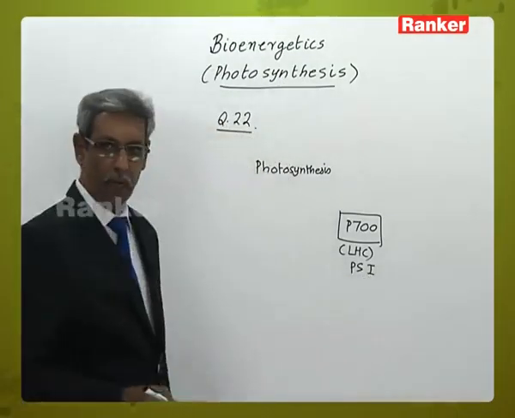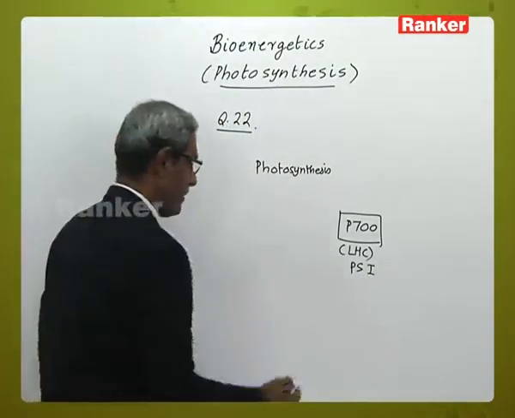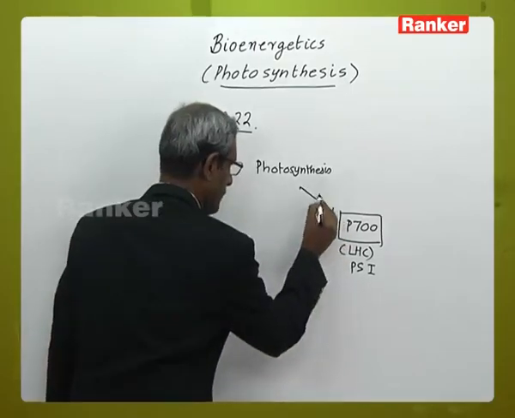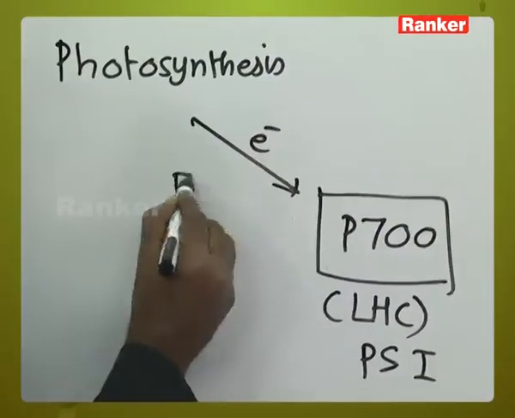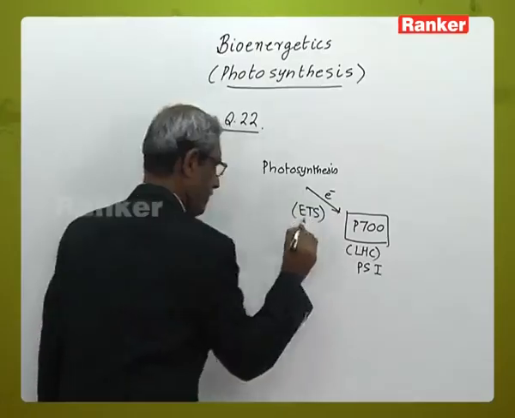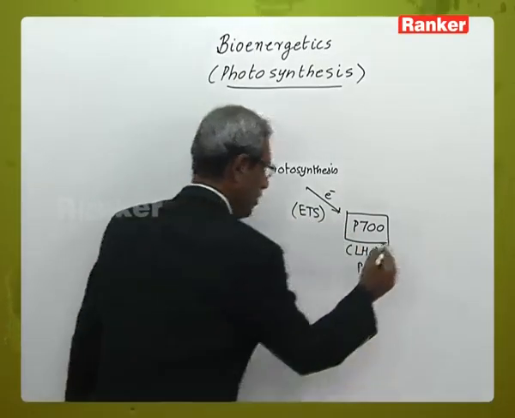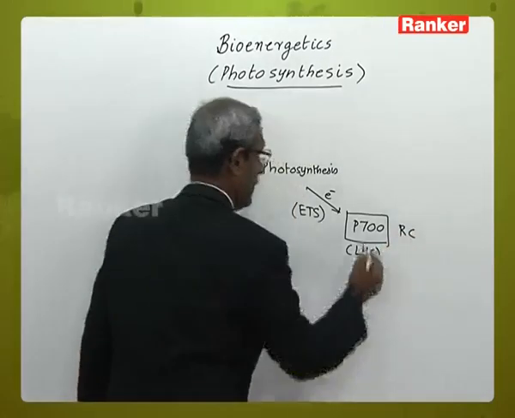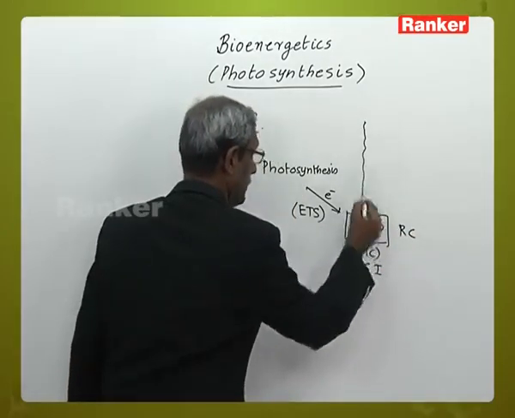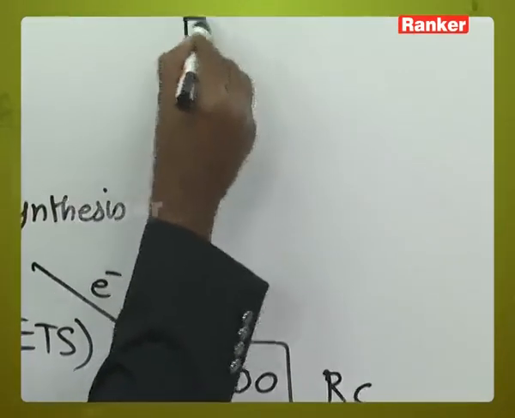In photosystem 1, which is on the right, we have the electrons falling from the electron transport system. Once they fall into the P700 reaction center, electrons in turn are funneled into ferredoxin.